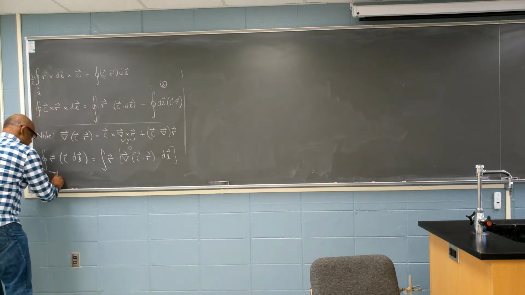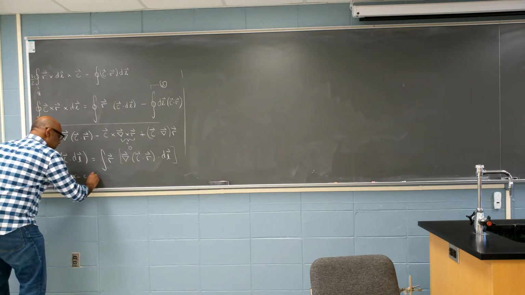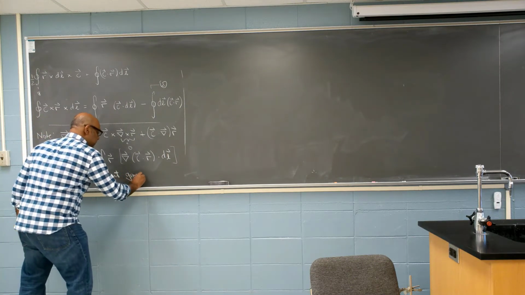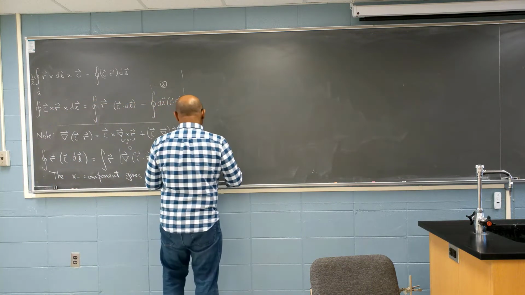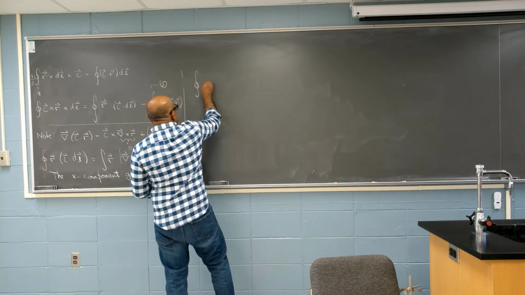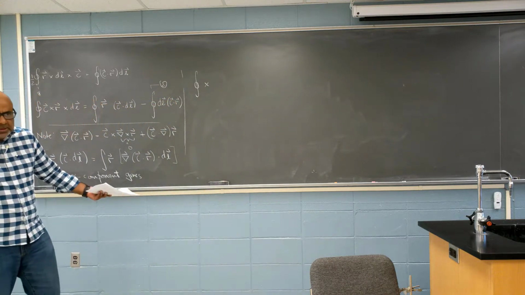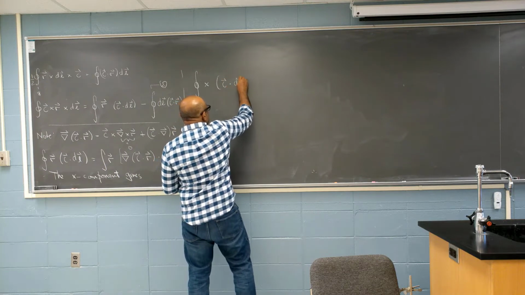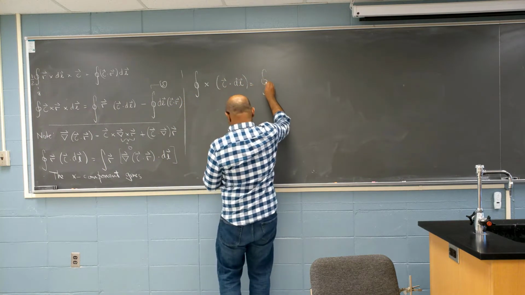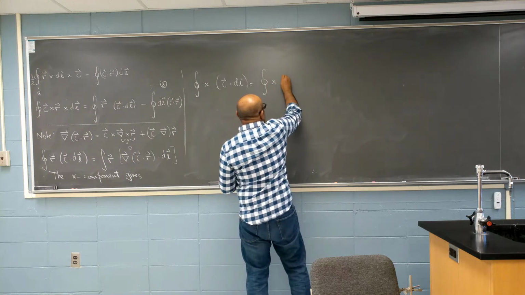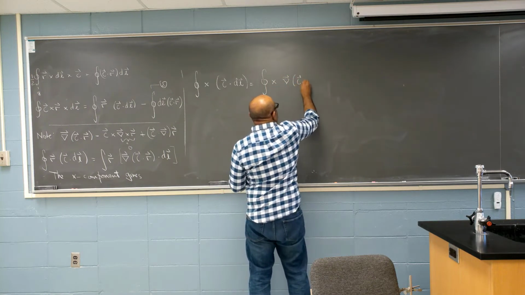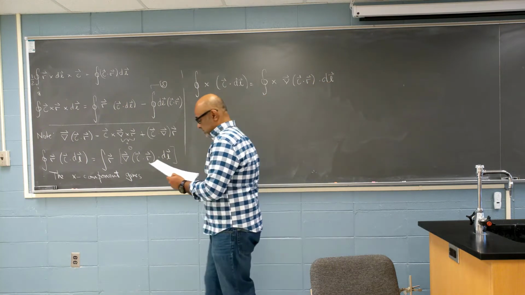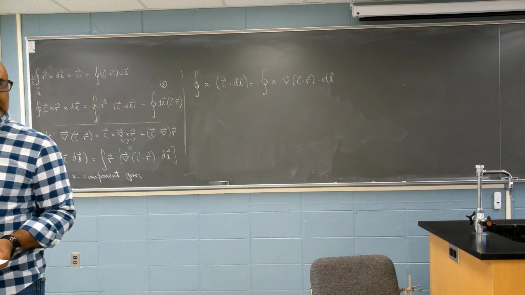So the x component gives, so the x component of R is just the x coordinate, and C dot dl, because that's a scalar, and that's equal to x gradient of C dot R dot dl. Yeah?